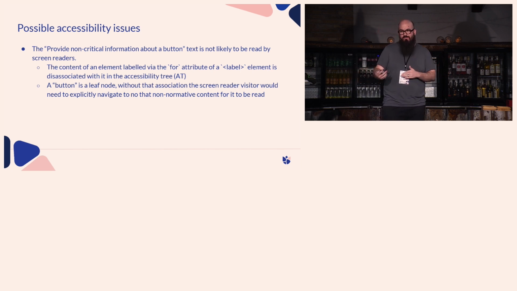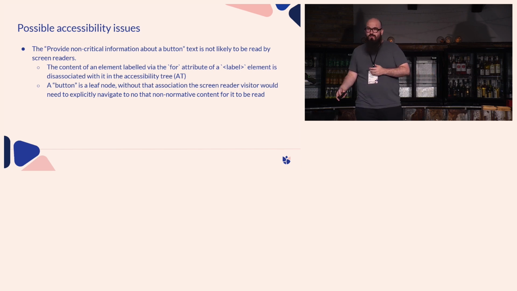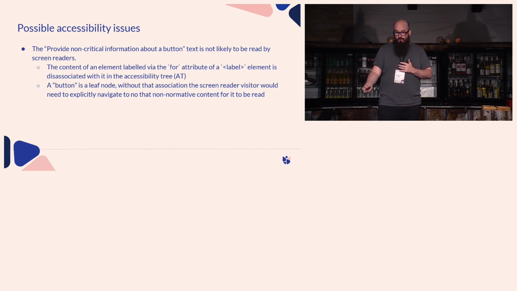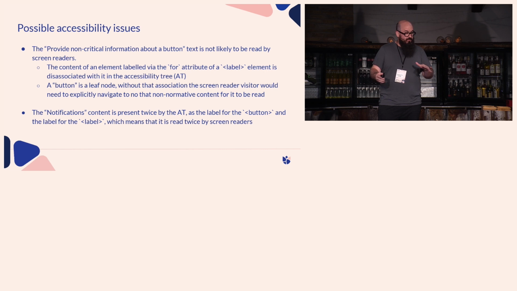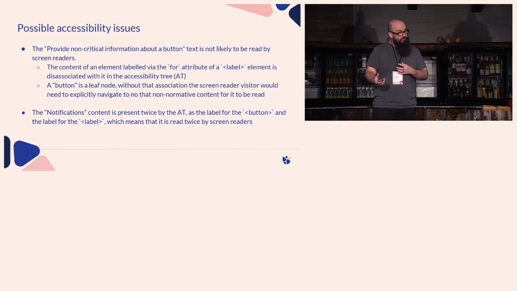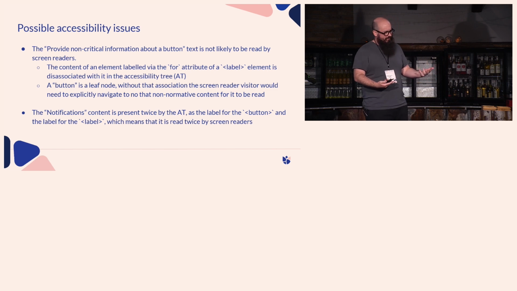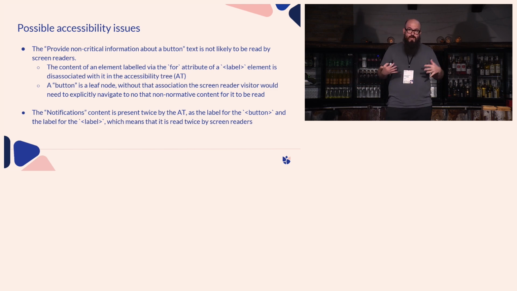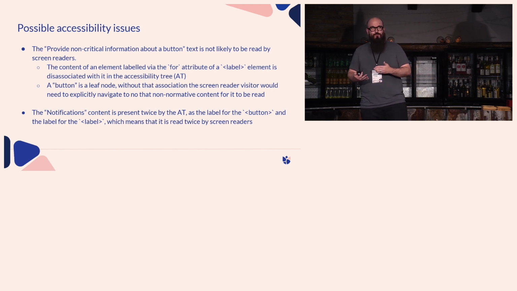And a button being a leaf element and that button already being labeled by the label element would prevent this non-critical information about a button from being read to those users that require that technology. Similarly, this notification content, being delivered as a label element that labels another element, will appear in that accessibility tree twice. First, as the label for the button, and then second, as a label with the label notifications.